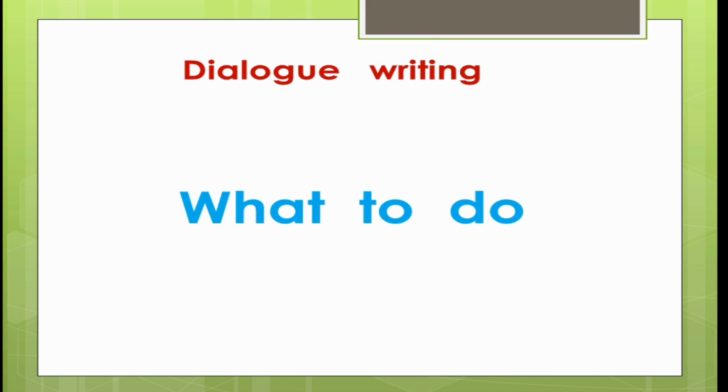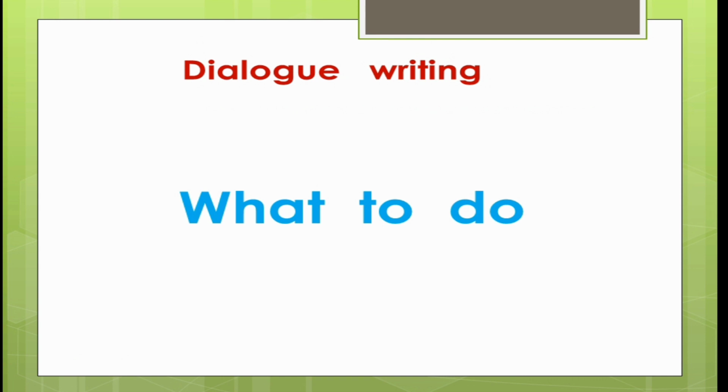Number four, give a balanced mix of action and talking. This one is another important step to write a good dialogue. Dear students, number five, which is at the same time very important, and you have to follow this one: let all the characters have equal say. That means when someone is talking, after that you have to give another person the opportunity to speak.